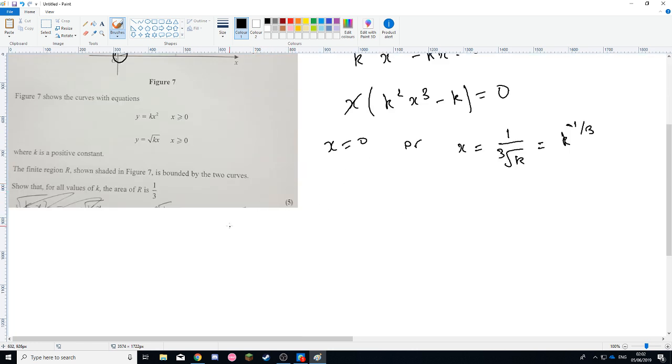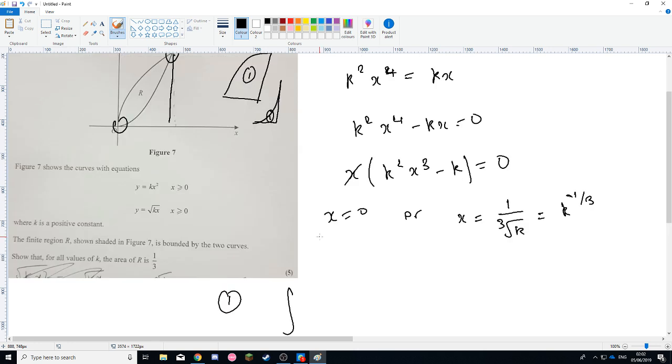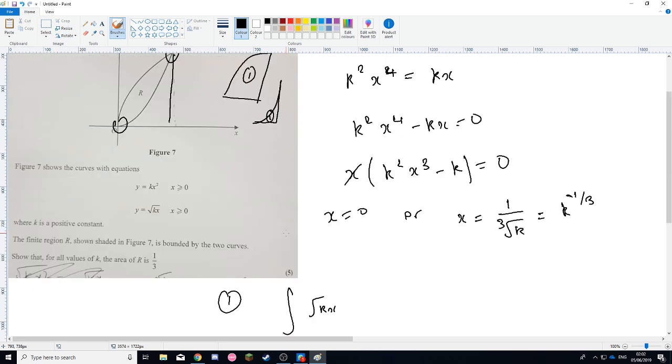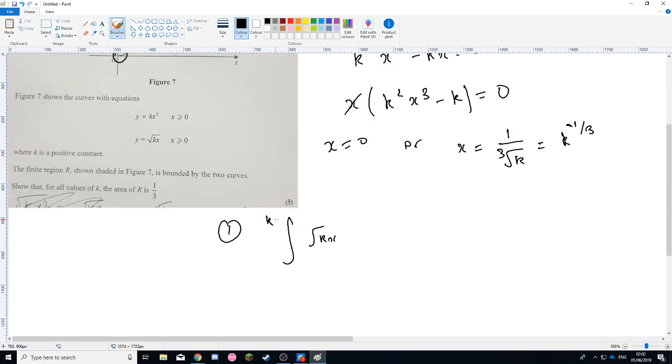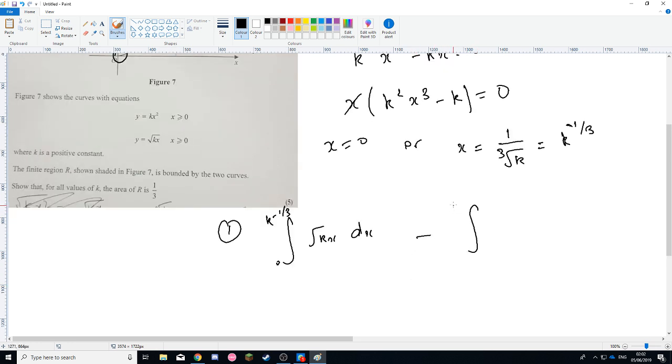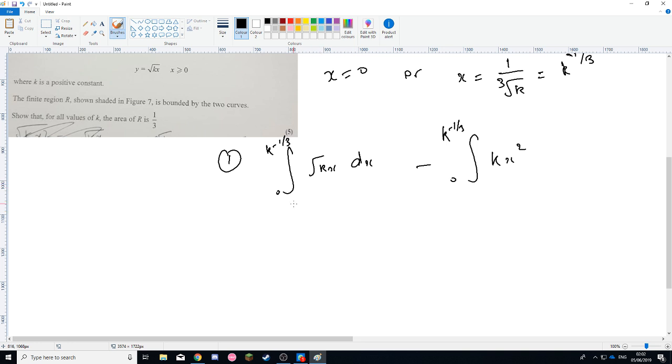Area 1 is going to be the integral of root kx from 0 to k to the minus third dx, and we're subtracting the integral from 0 up to k to the minus third of kx squared. This is something we can do very nicely, so I'll leave that. This is the thing that we need to integrate.